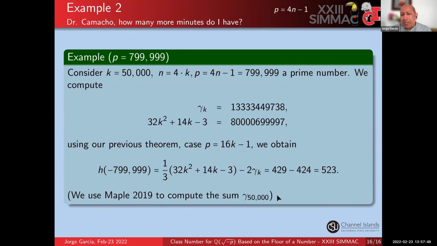And if you look at the formulas for the class number in the sources, it's a pain in the neck. It's very hard to compute. It takes a bit long in the software to compute this one too, but it's much easier than the previous formulas. So, thank you.